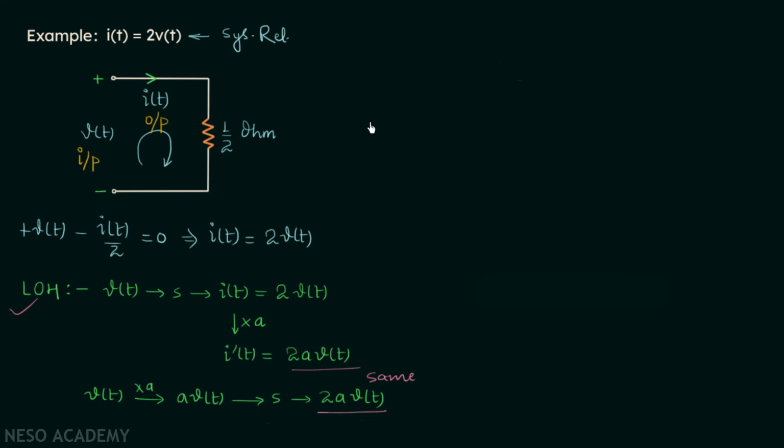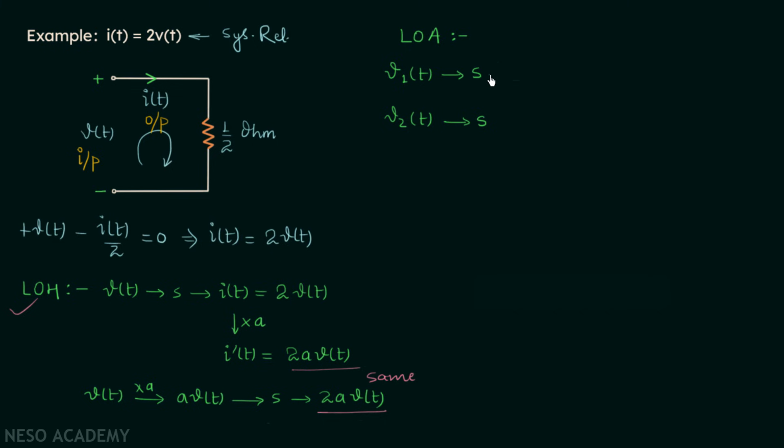Now moving further, we will find out whether this system is satisfying the law of additivity or not. For this we will have two inputs, that is two voltages V1 and V2, and we will pass V1 to the system and we will pass V2 to the system, separately, and we are also recording the outputs separately.